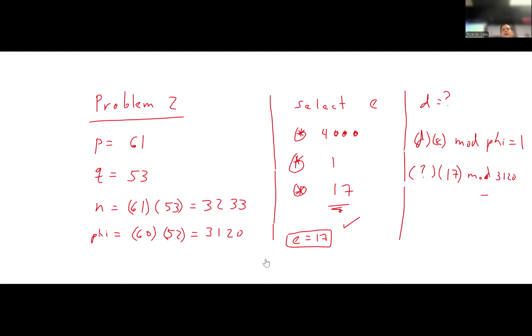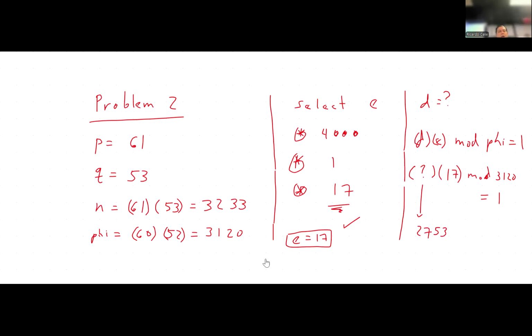Do you guys see that? And the number that should meet this condition is 2,753. So when you do this operation, you should have that 1 basically equal to 1. All right, and that's basically it.